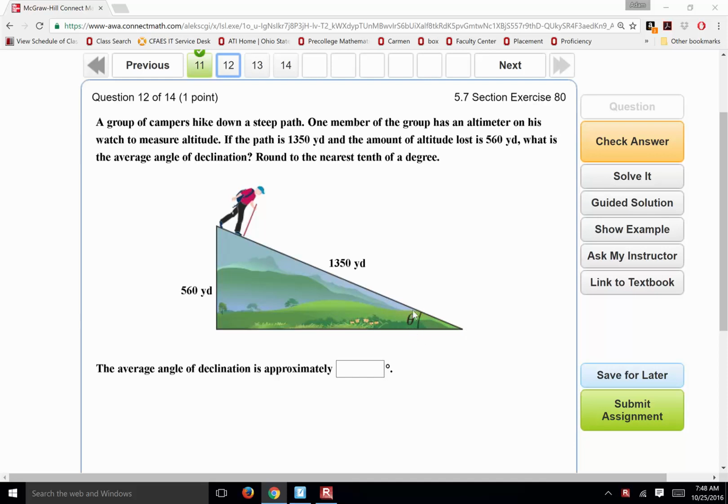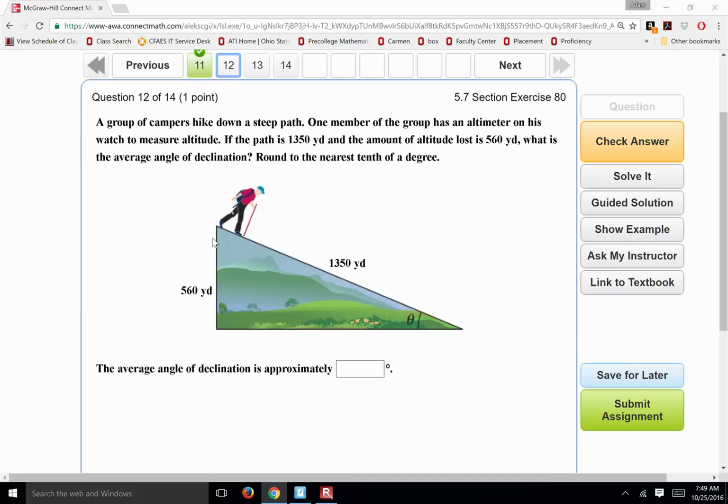We're just wondering how steep this path is by finding the theta that makes the angle between the ground level and the hike path. Okay, so this theta is asked, but this is nothing but finding one angle in a triangle.